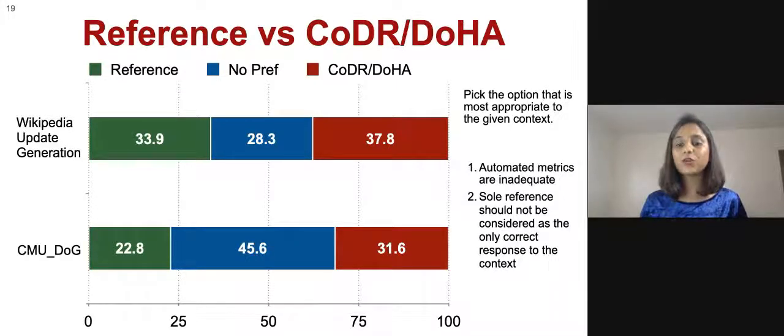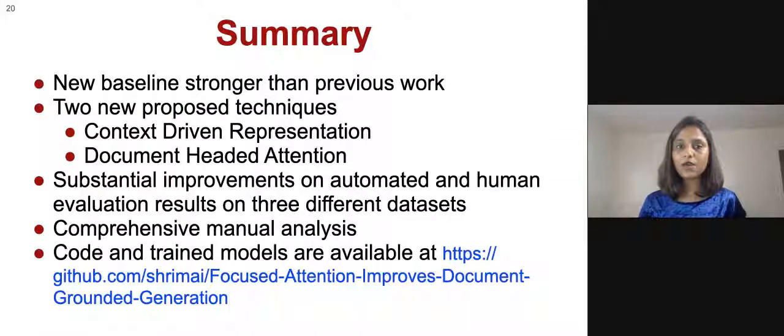And this really shows the inadequacy of the automated metric, but also another issue, where the sole reference is considered as the holy grail against which each generation should be compared. And this is not right for document grounded generation tasks. Especially for dialogue response generation, where the same context can have multiple correct responses. And here is the summary of our work.